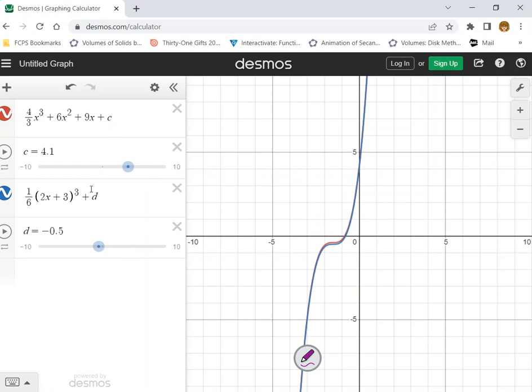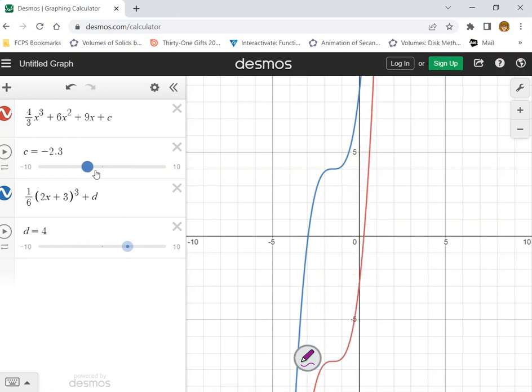The constant, the way it's written here, and the constant, the way it's written here, would be a different number, because if I expanded this out, I would have another number to put with that d. But using the sliders shows that these are, other than the number out at the end, which is what I'm changing when I move the slider, the exact same function.